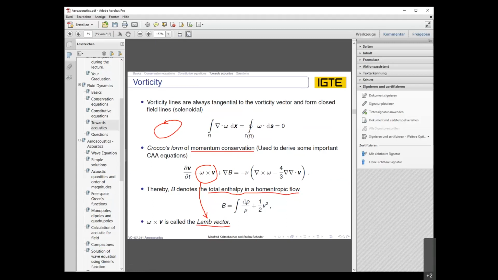Usually aeroacoustic analogies using the lambda vector as a source term fall into the category called vortex sound.